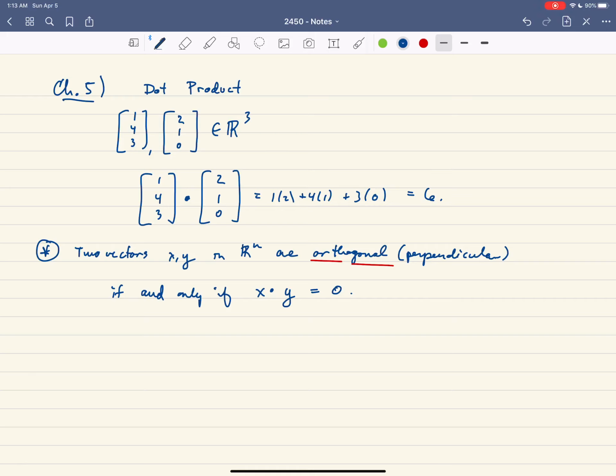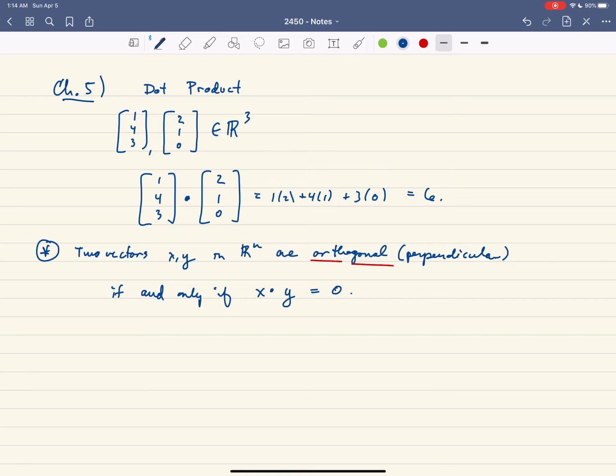And the dot product in R3 is used a lot. There's many things that you use the dot product for. So you can use the dot product when you're trying to figure out, say, I have a vector and I want to figure out, is another vector orthogonal to it? What's the plane that's orthogonal to it? What are tangent planes?